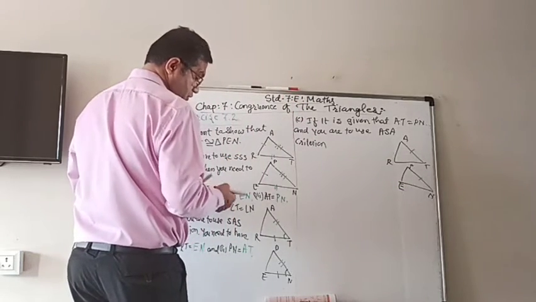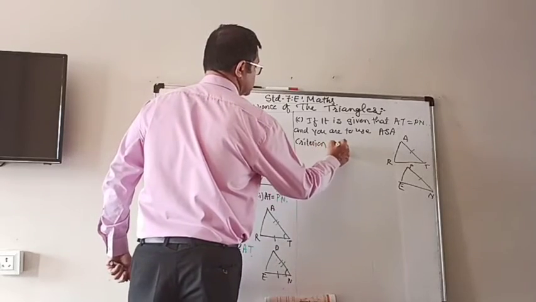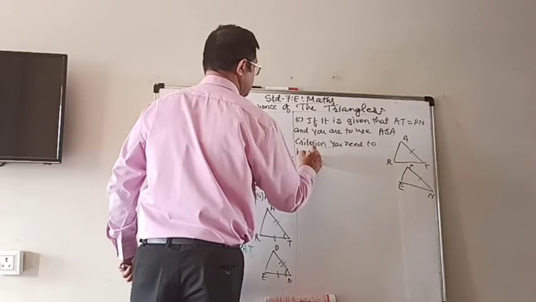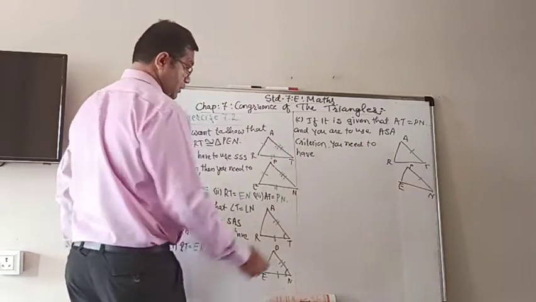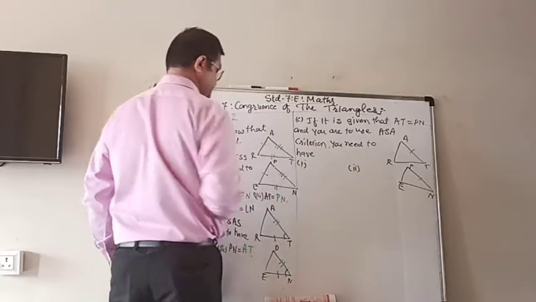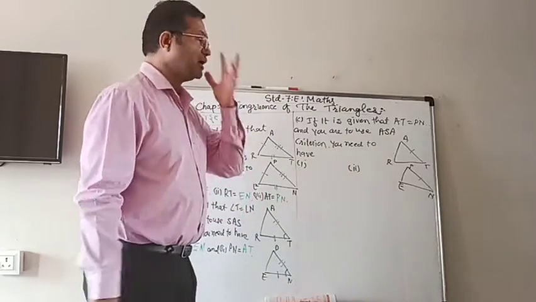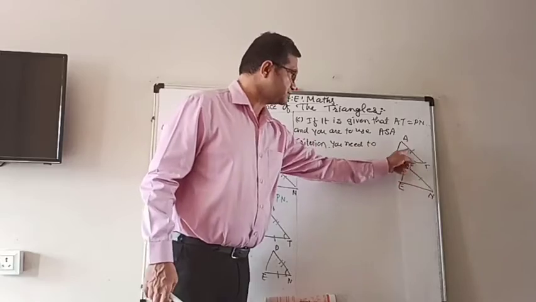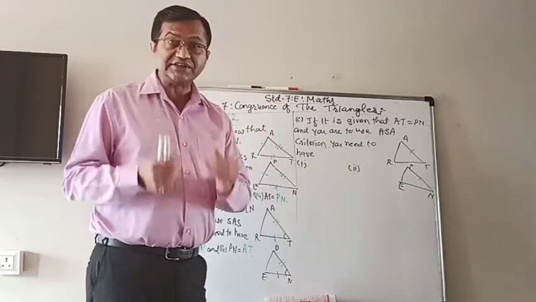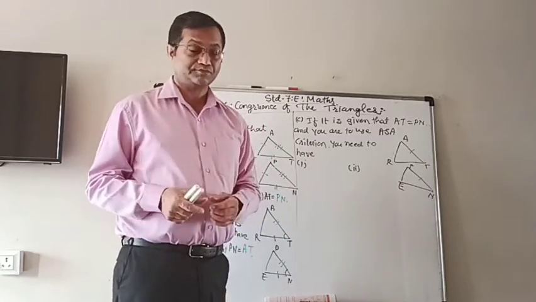Now you need to have one and two, but nothing is given here. But we have to use our mind that when the sides are given, then we need to see that this side is included between which two angles.